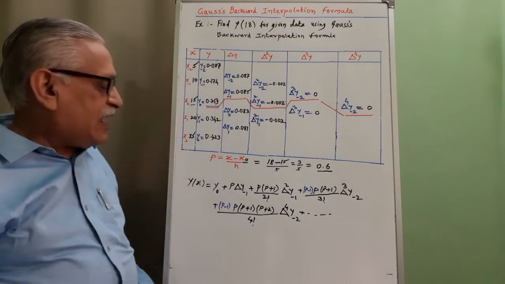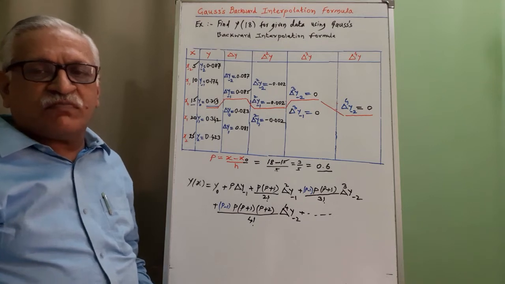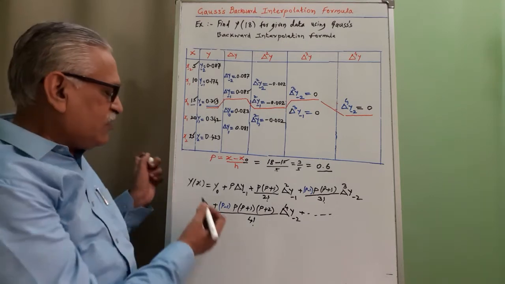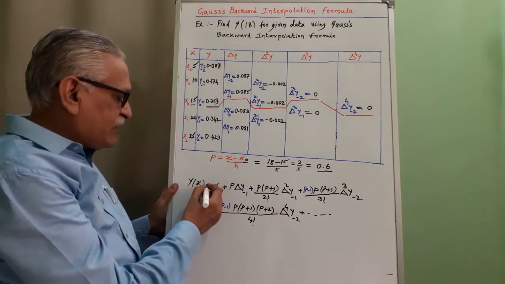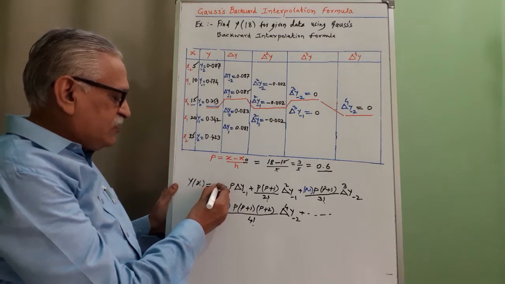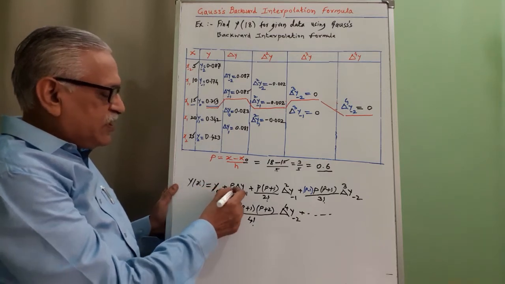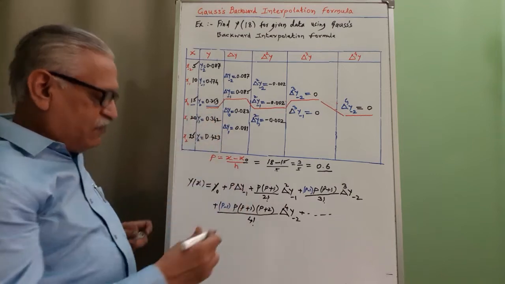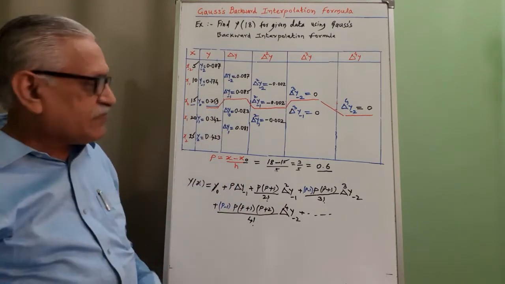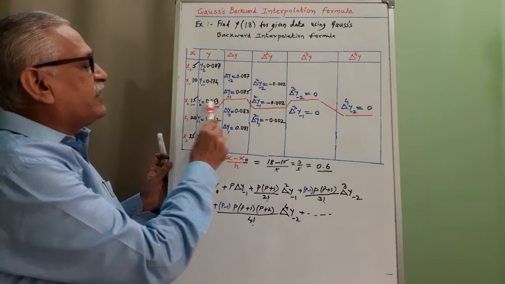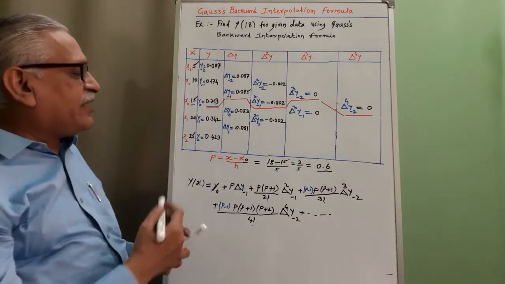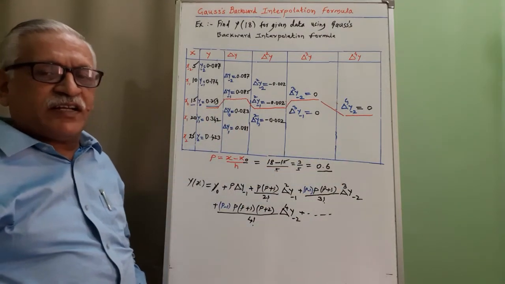And then applying Gauss's backward interpolation formula, we have y of x is equal to y0 plus p del y minus 1. We underline first the central line and the values above that central line.